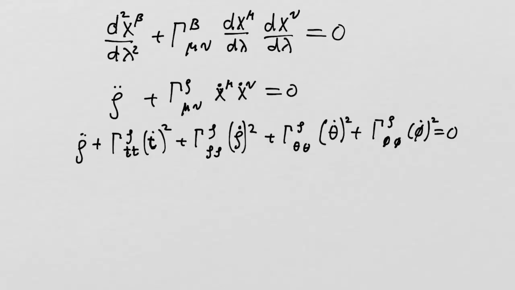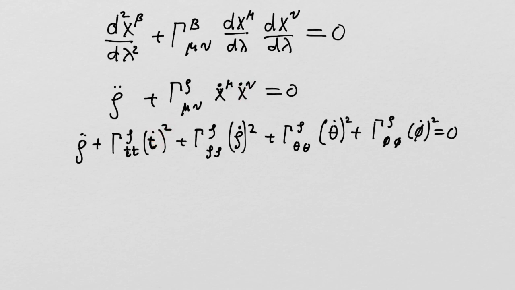So here I have assembled the geodesic equation in symbolic terms. What will happen is, for example, this connection coefficient, rho tt, will go here. Mu and nu will both be t, so you'll get t dot times t dot, which will be t dot squared.